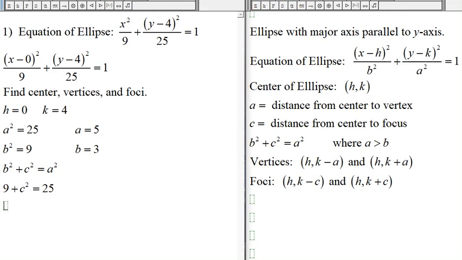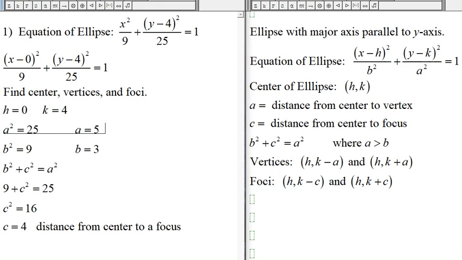Then subtract 9 from both sides, and we get c squared is equal to 16. Then take the square root of both sides, and we get c to be 4. And so c is the distance from the center to a focus.